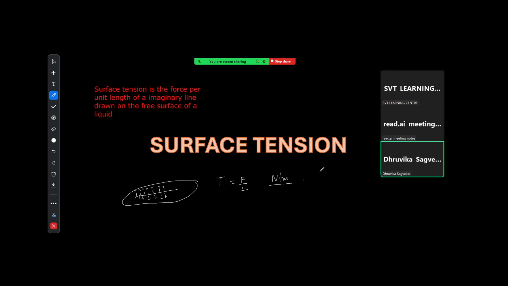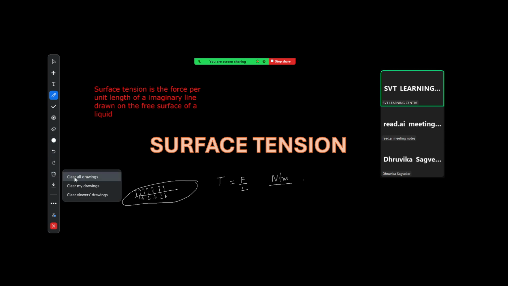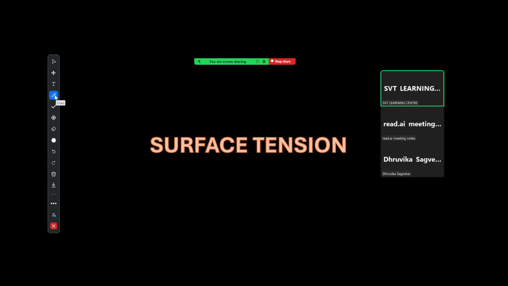Is this clear? Yes, sir. Did you understand surface tension? Yes, sir. Now to further understand surface tension, we have to understand the molecules that exist in the surface. Remember that every molecule, whether in solid, liquid or gas, exerts force on other molecules in and around it, whether of the same material or of another material.